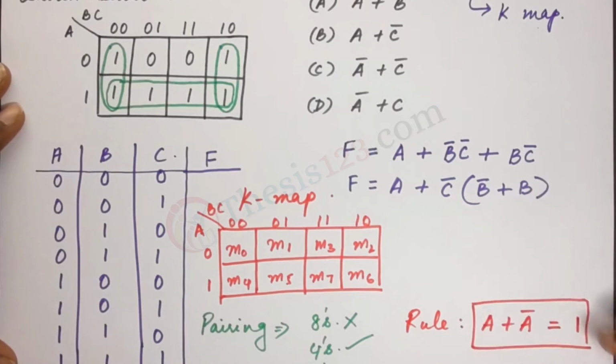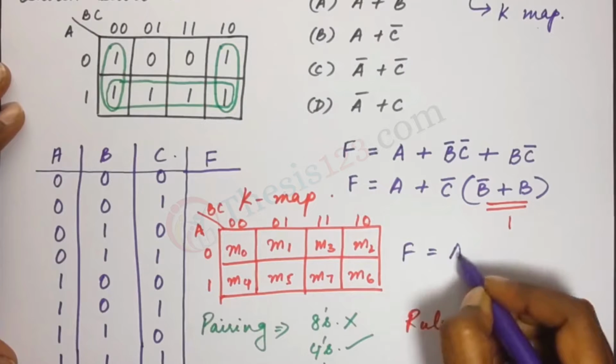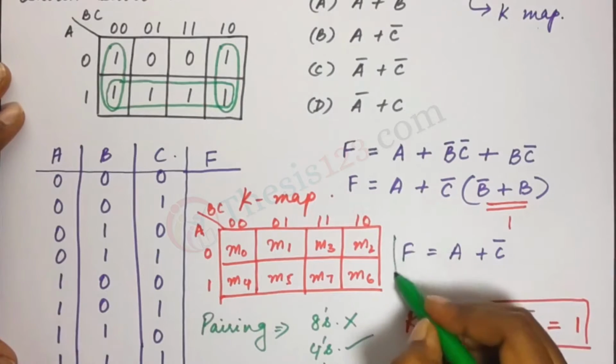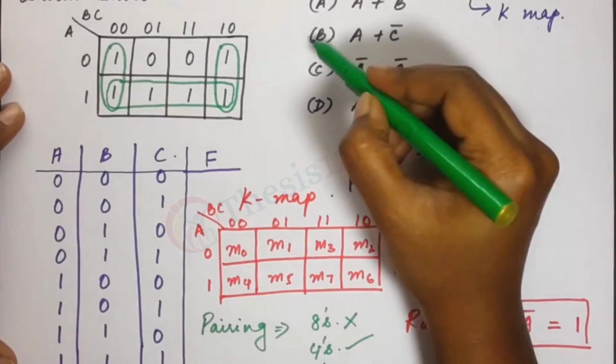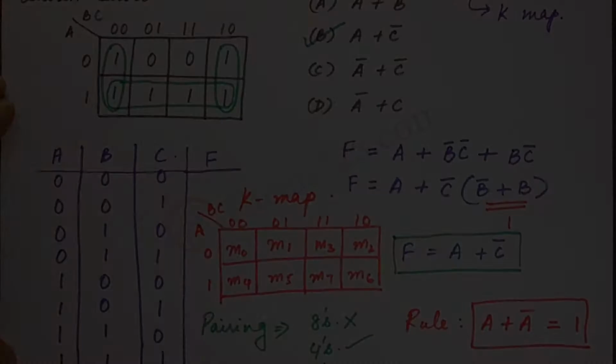Using this rule, this becomes 1. And that leaves us with F is equal to A or C bar. So this is our final expression. That matches option B. So option B is the final answer. I hope this has helped.